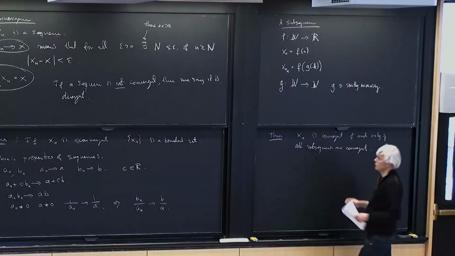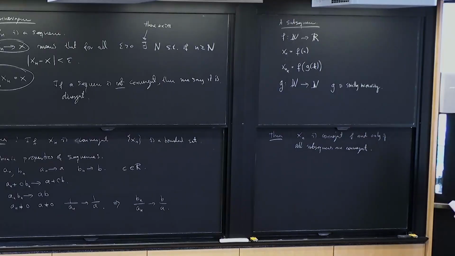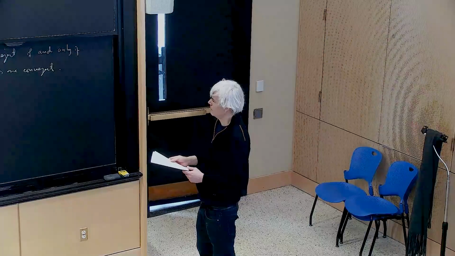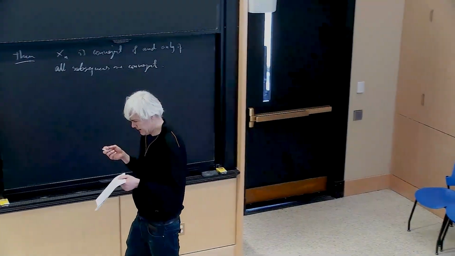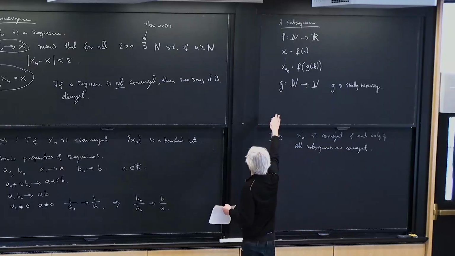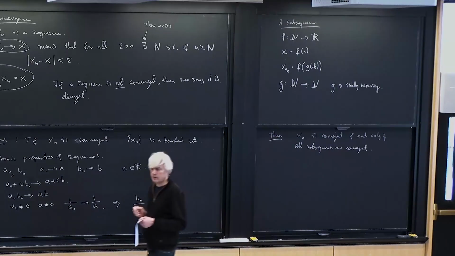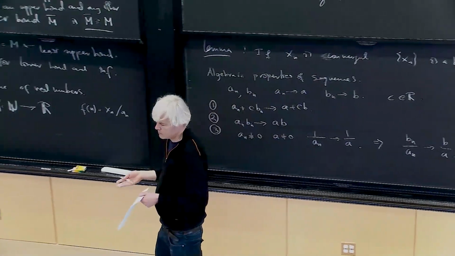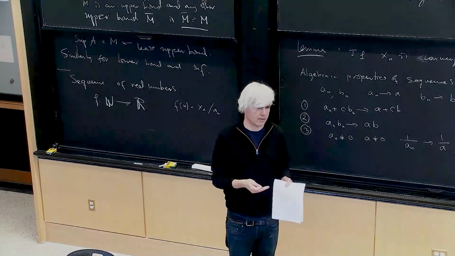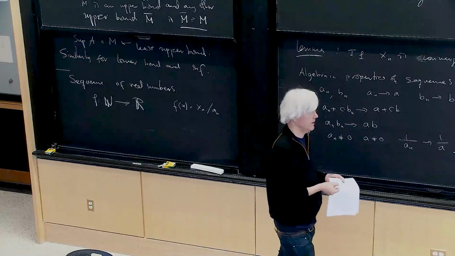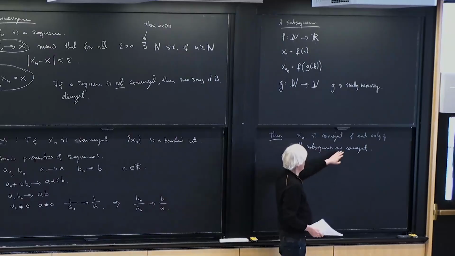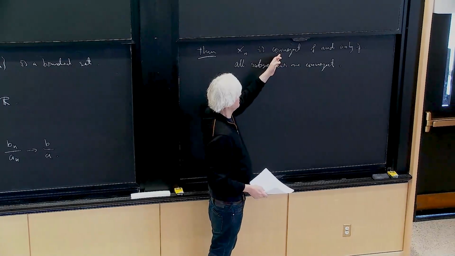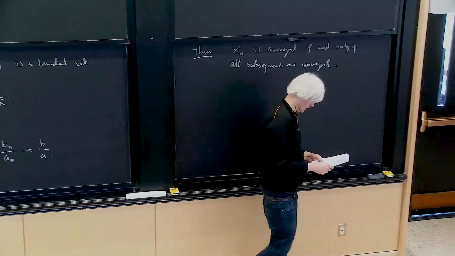And one of the two directions for this theorem was trivial. If you take a sequence and think of this map g as being the identity, that will give you a subsequence that really is the original sequence, right? So the original sequence is a subsequence of itself. So if all subsequences are convergent, then in particular the sequence itself is convergent. So one of those two directions was trivial.